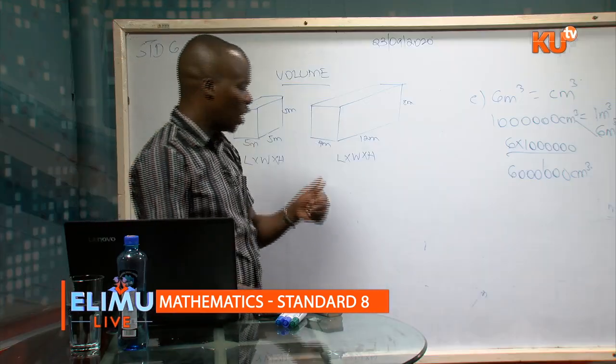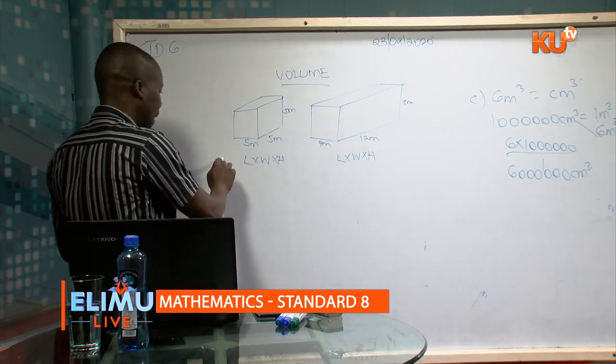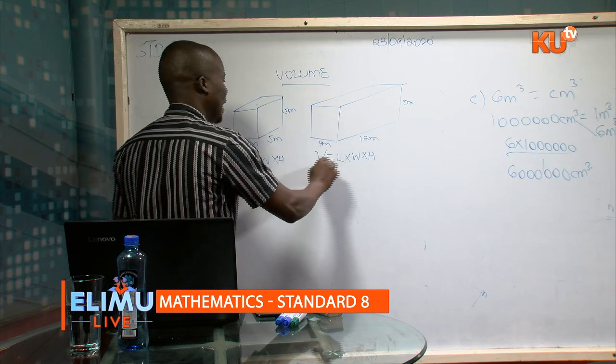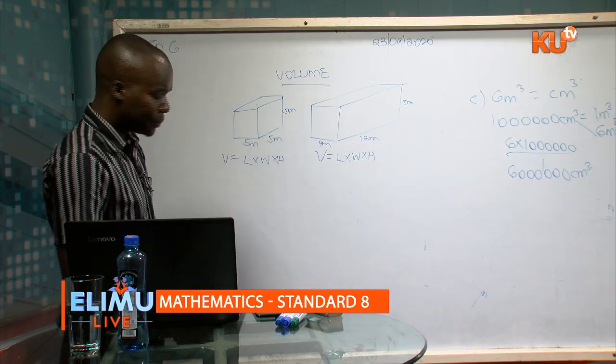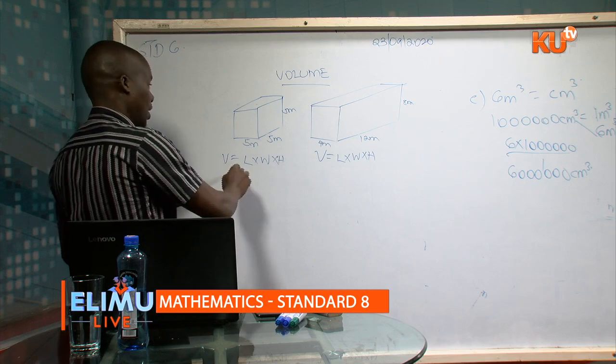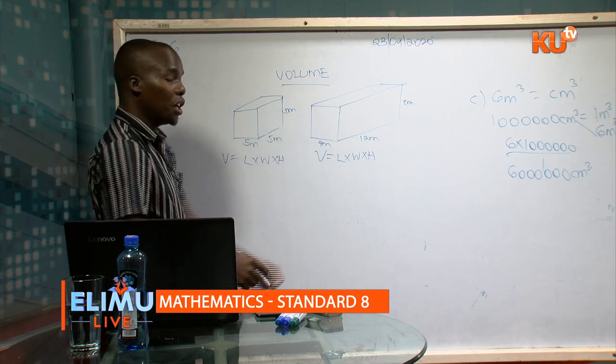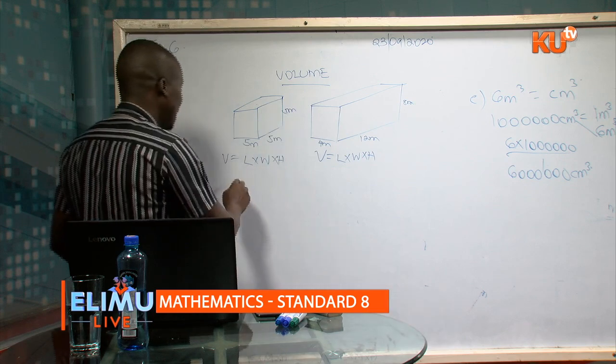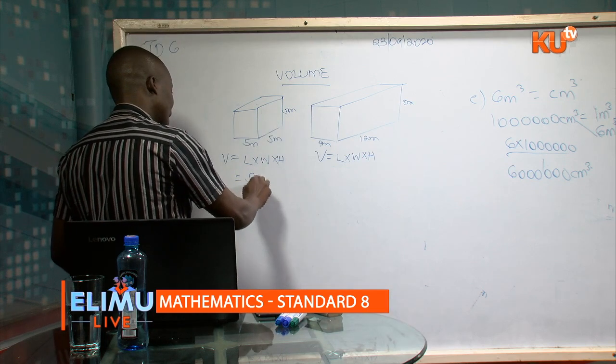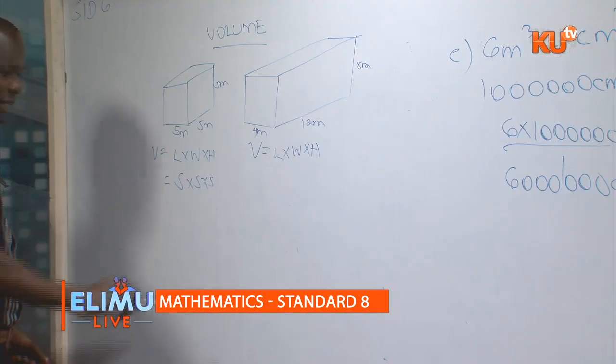Volume of a cube and a cuboid is length times width times height. And therefore, for a cube, it is the same, 5 by 5 by 5. So if you have a cube, you just say it is side by side by side.